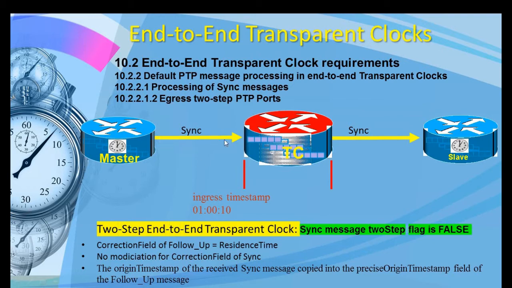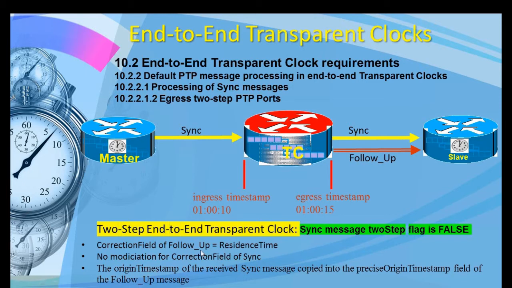When the sync message comes in the ingress port, it makes an ingress timestamp, and then the transparent clock generates a new follow-up message. The timestamp generated by the sync message will be put in the follow-up message. So for the two-step end-to-end transparent clock, the sync message is not going to be modified.